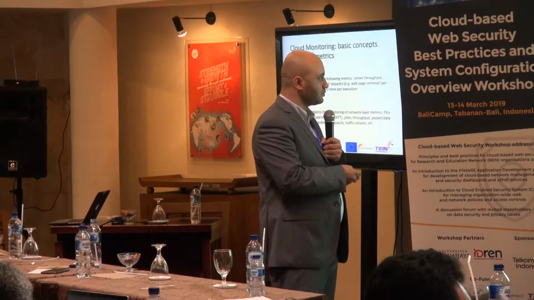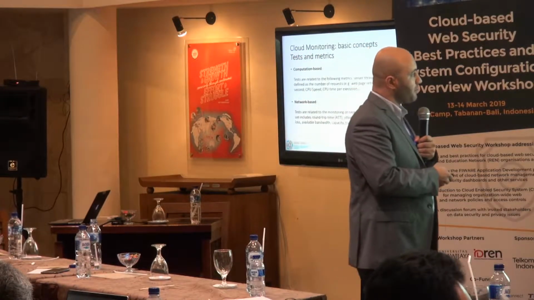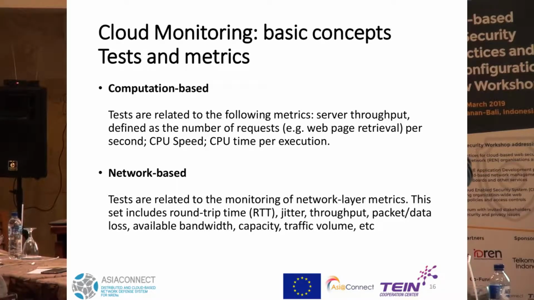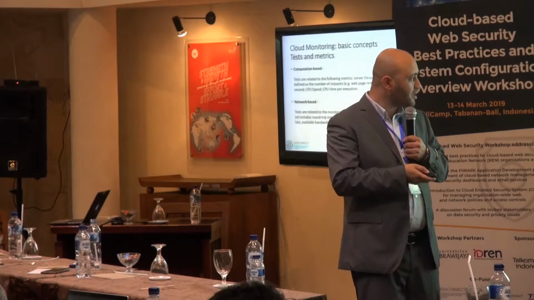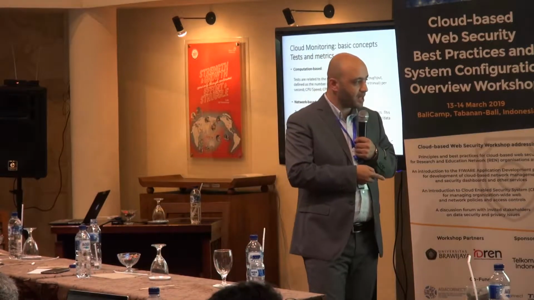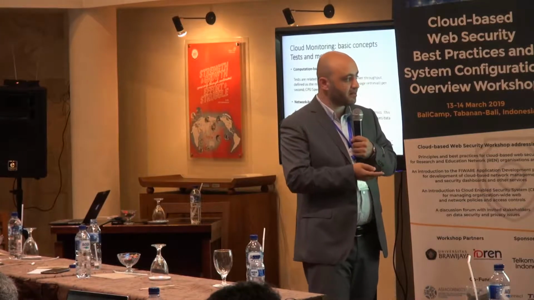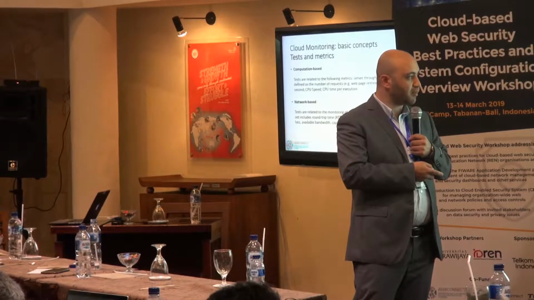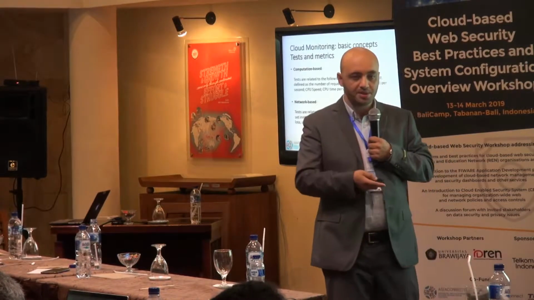So here, the metrics. Each cloud service provider has different types of metrics. For each service, we have two types: computation-based and network-based. Computation-based examples are CPU time per execution, CPU speed, and number of requests for web pages.